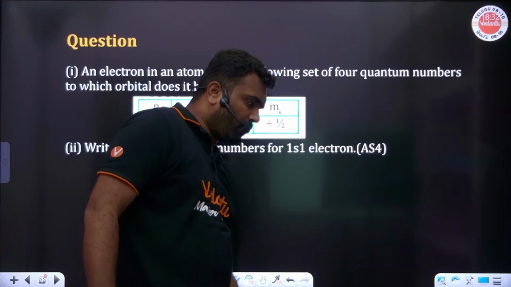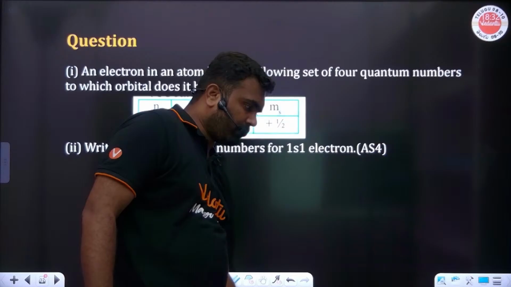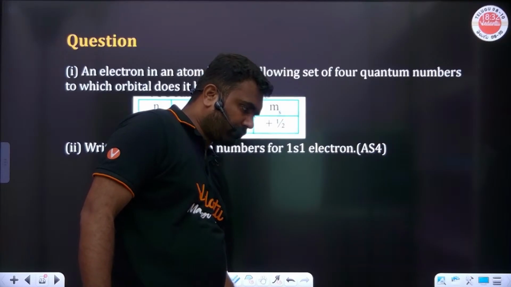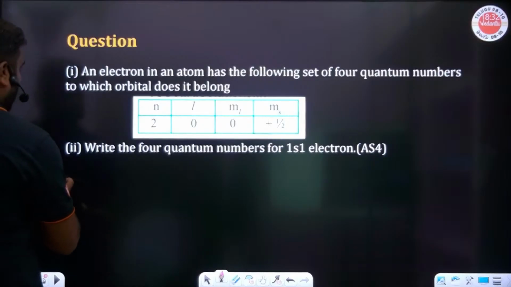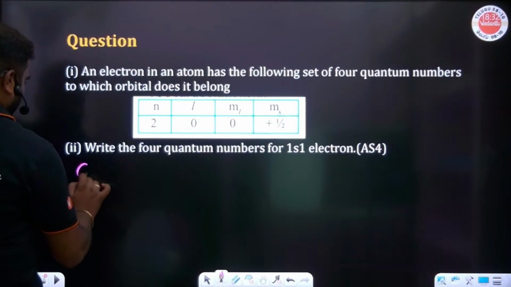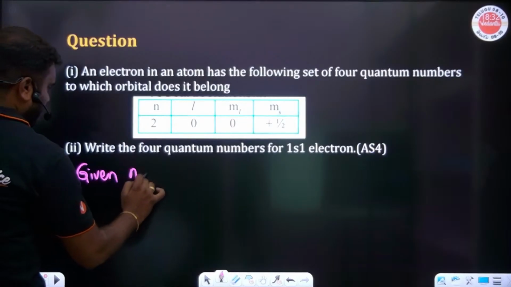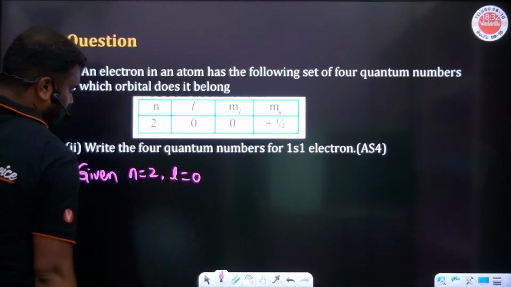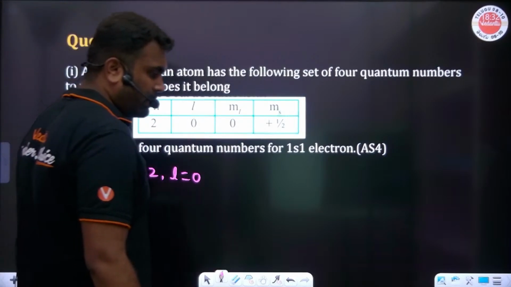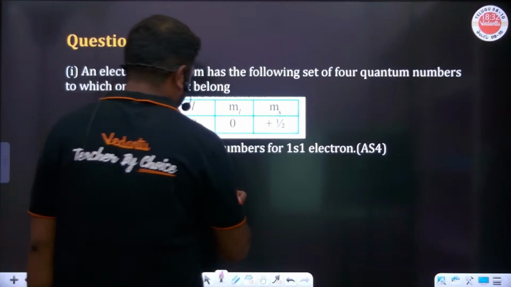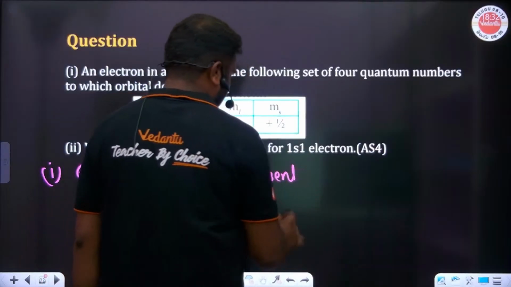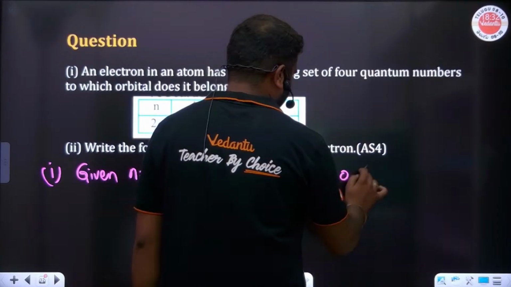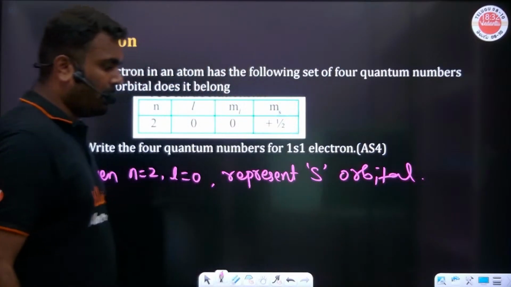First, write the given data: n equals 2, l equals 0. l equals 0 represents an s orbital.